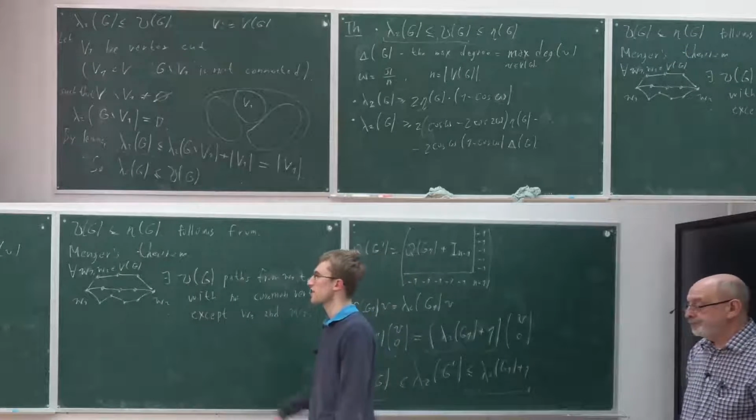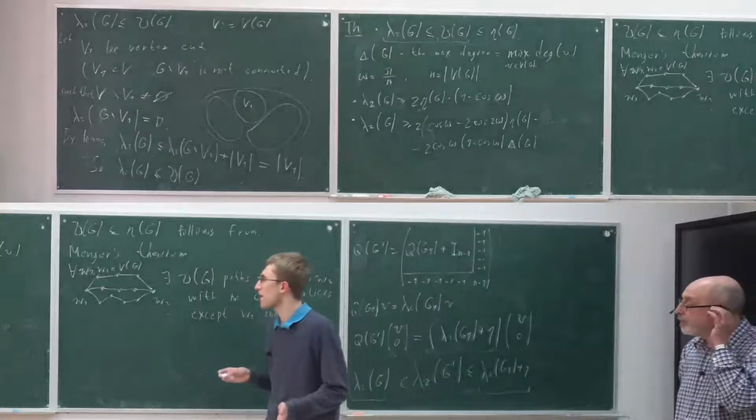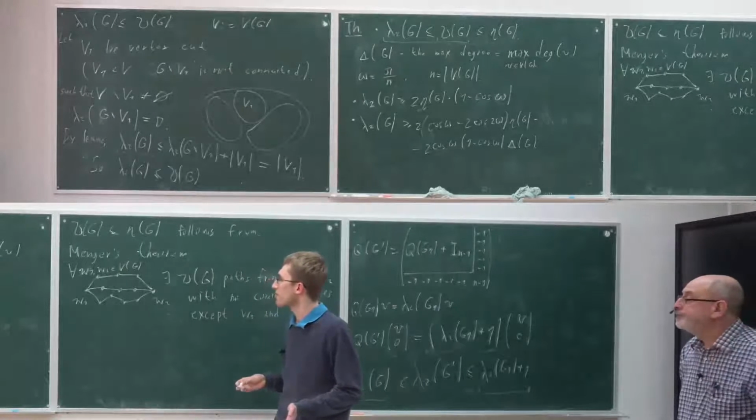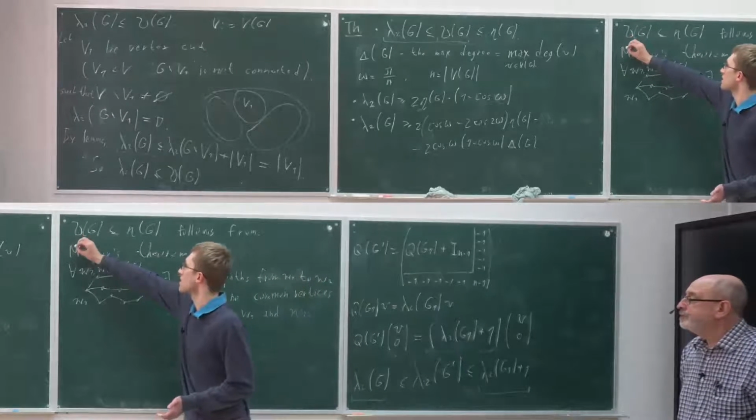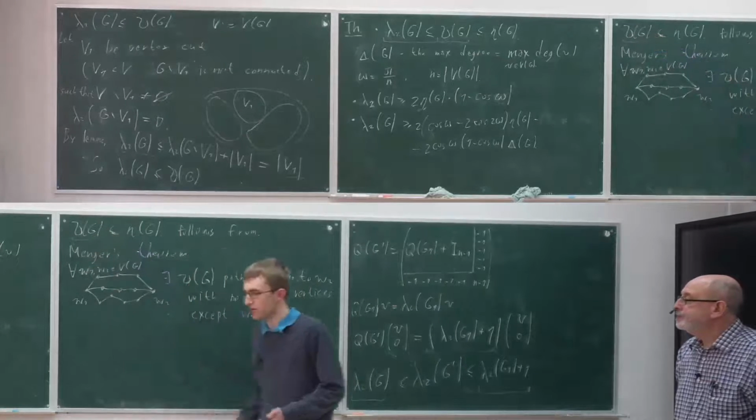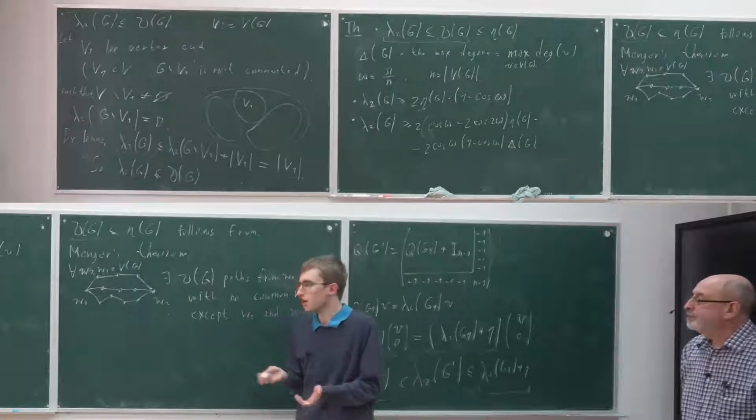So assume that we remove less than this number of vertices from the graph, then we can't lose connectivity. Why?